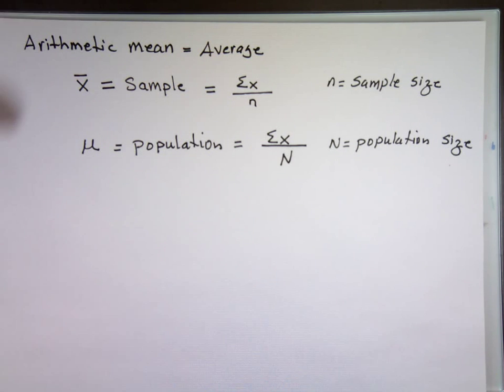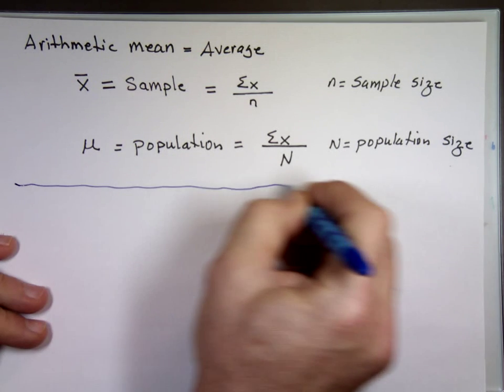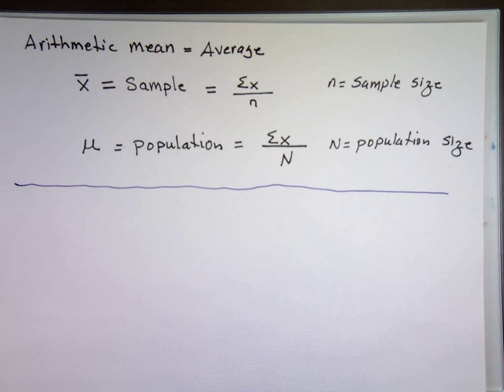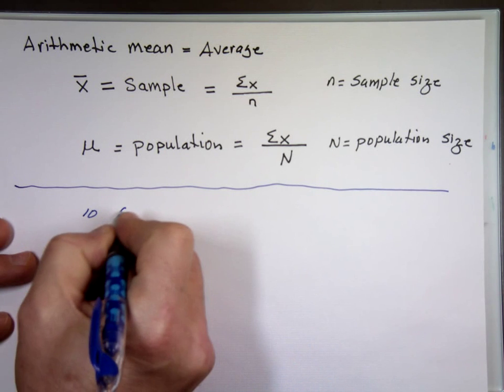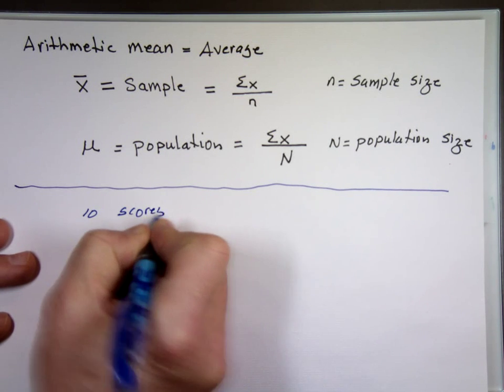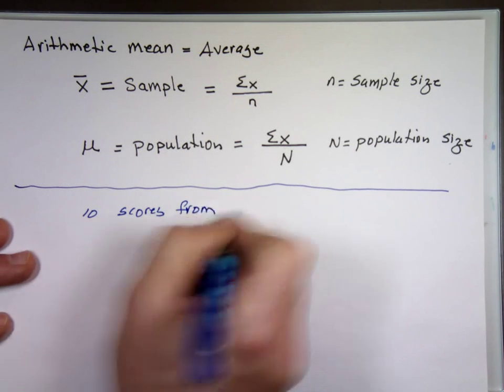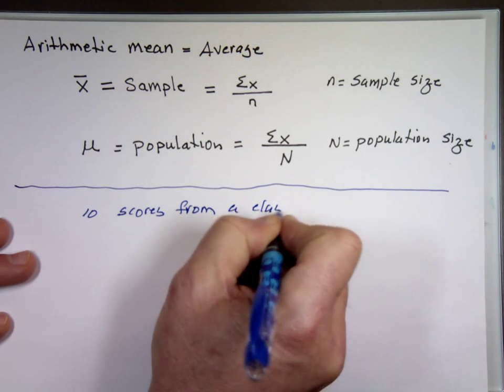Now let's take an example first. Let's say we have these values. I was wondering how the first quiz result is, and I took 10 scores from a class of 18 students.